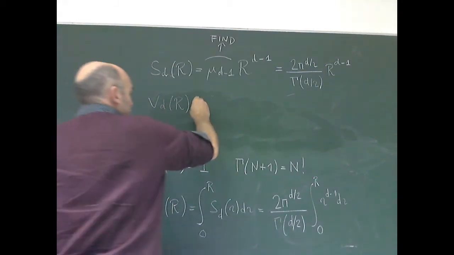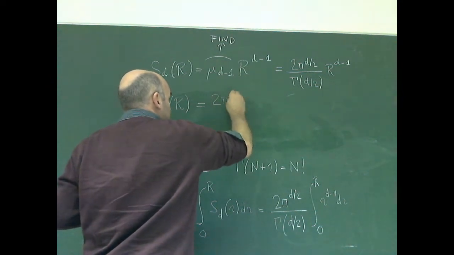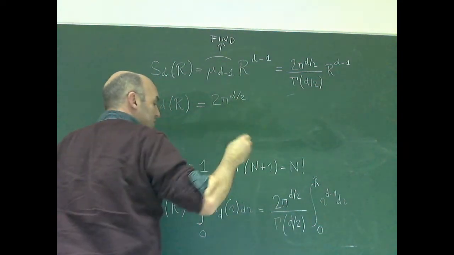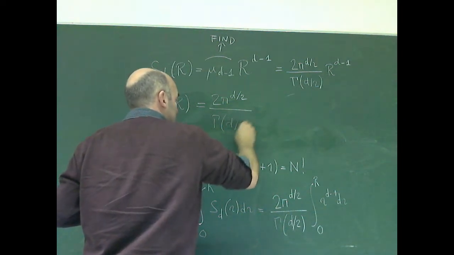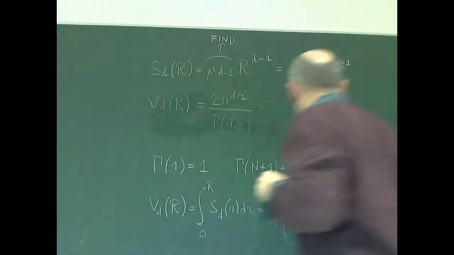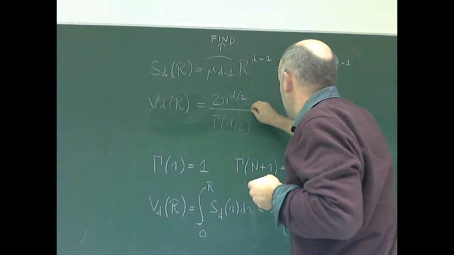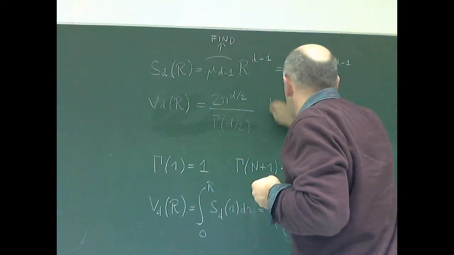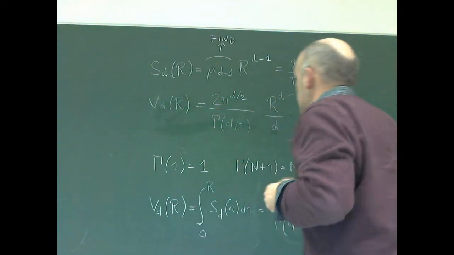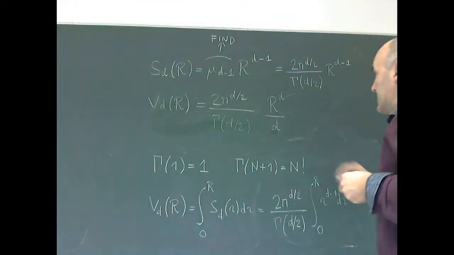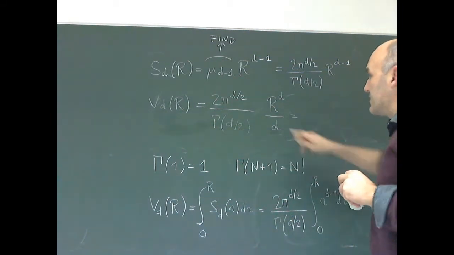This integral is 2 pi to the power d divided by 2 times gamma of d divided by 2, and then this integral is 1 over d, capital R to the power d, divided by d. Okay, but now you see this is the end result of our calculations.